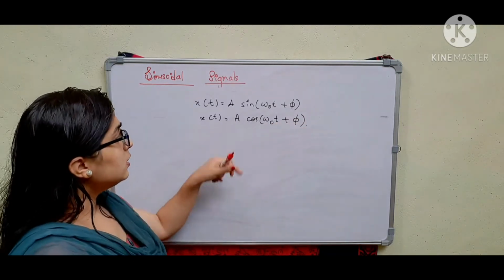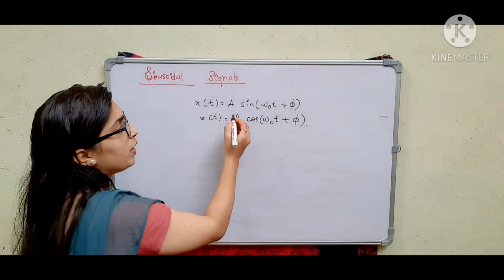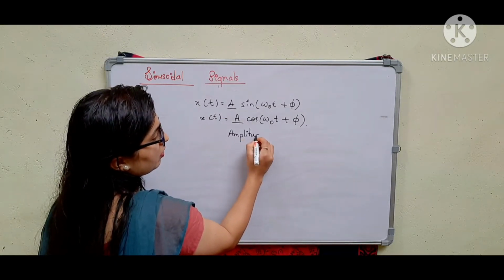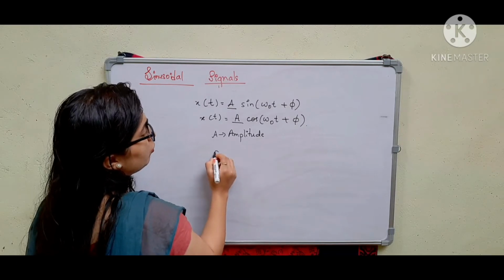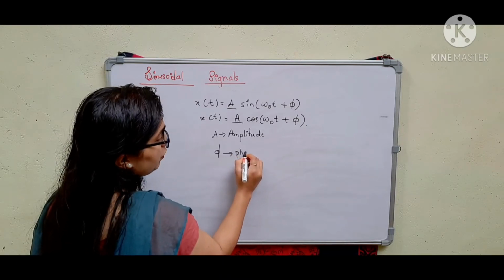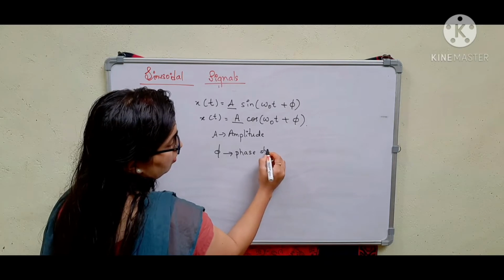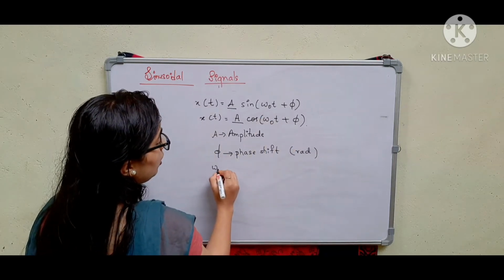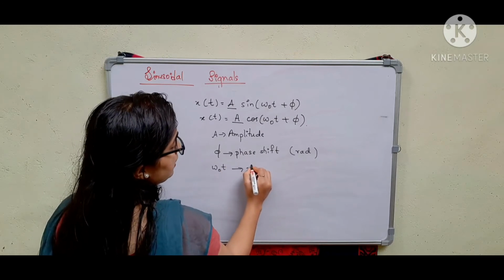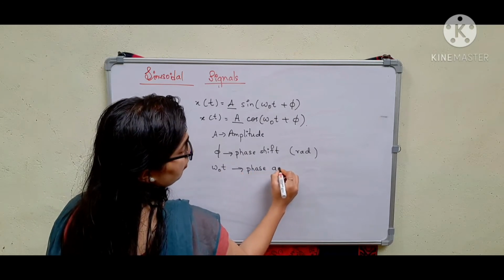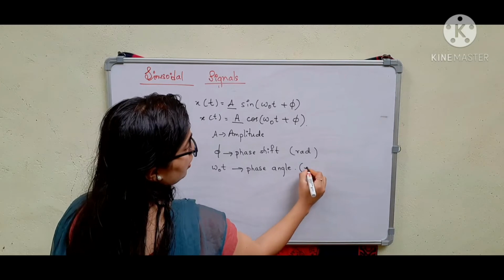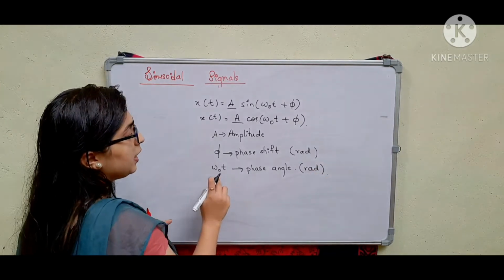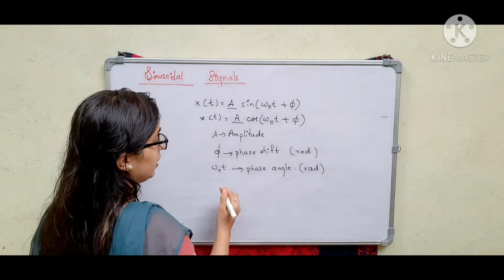These are the sinusoidal signals where A is the amplitude, phi is the phase shift, that is in radians, and omega naught t is the phase angle, which is in radians, because radian per second into second gives you radians.